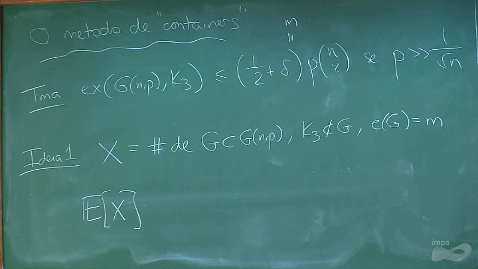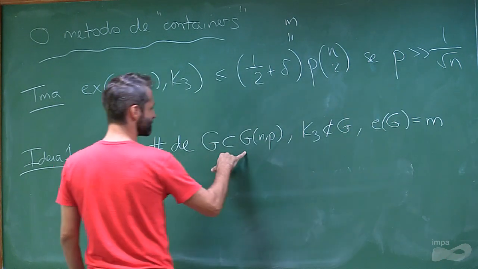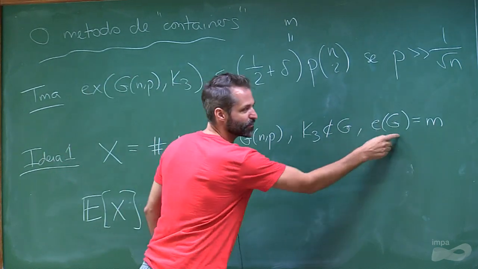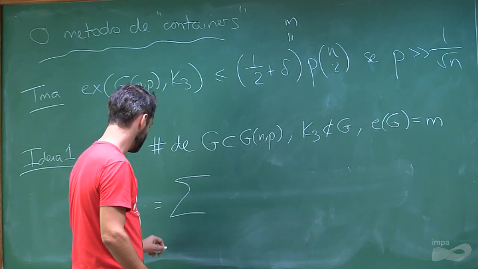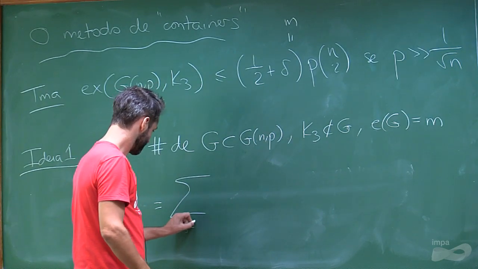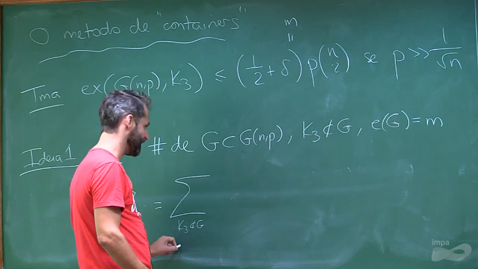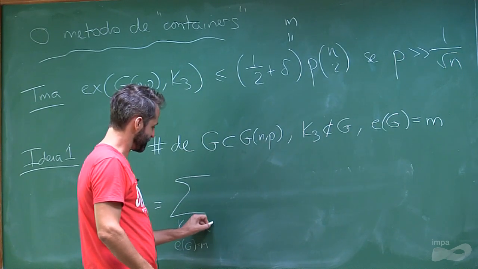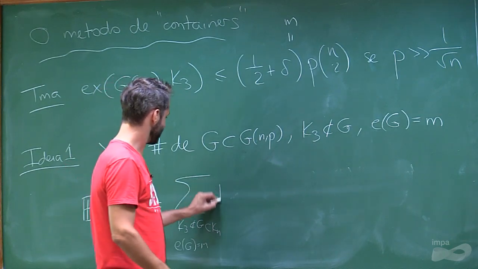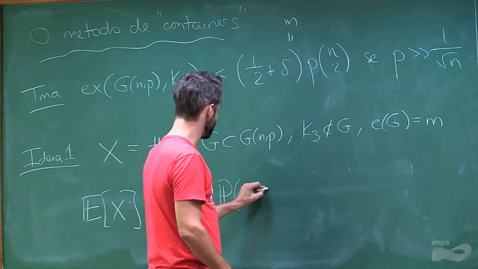Yeah, right. This is the random event, so we're summing over these things. It's the sum over G with no triangle, E(G) = m, where G is contained in K_n, with the probability that G is contained in G(n,p).